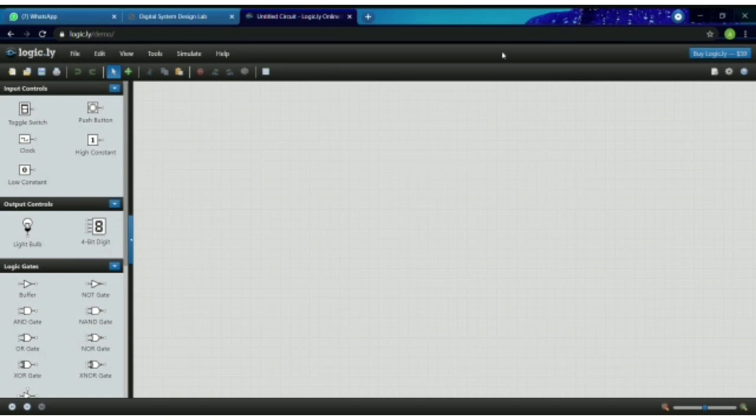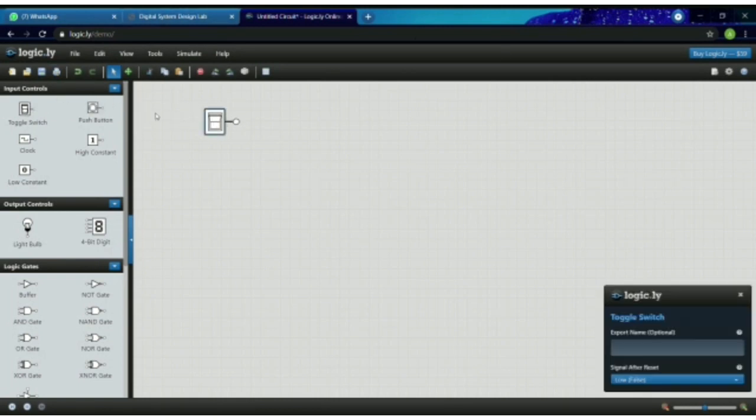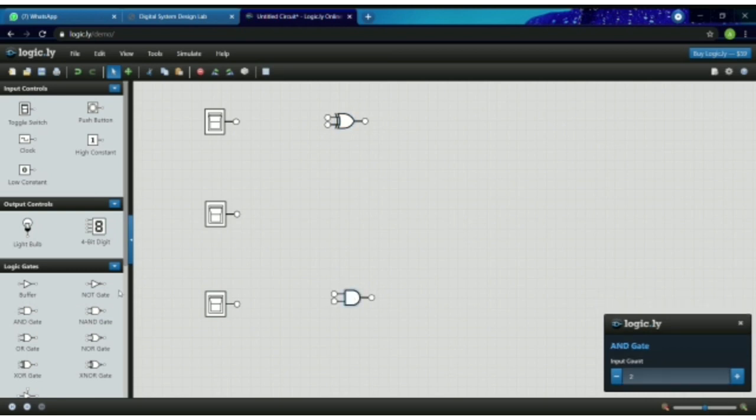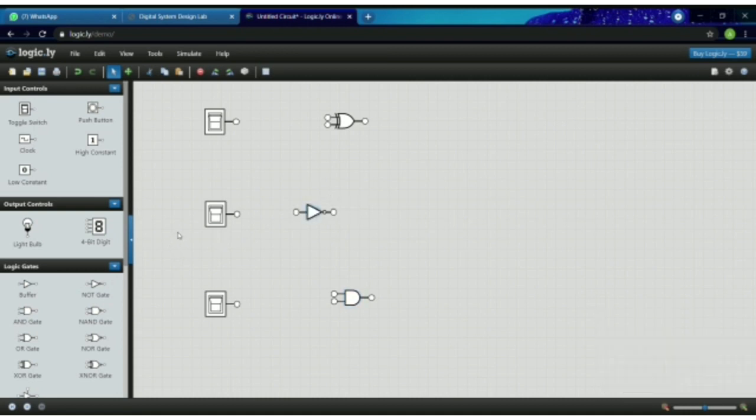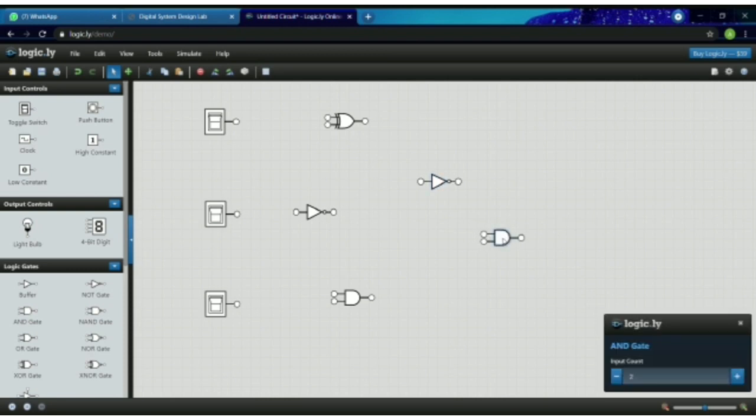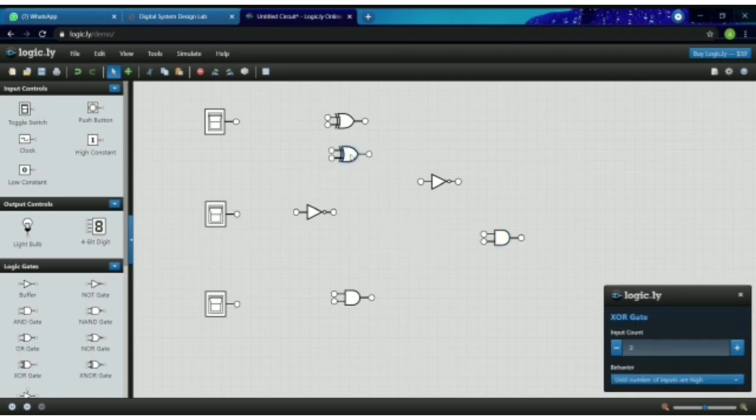Moving to the next one, full subtractor. We are taking 3 switches and one XOR gate, one AND gate and NOT gate, we are taking another NOT gate and AND gate, and another one is XOR gate.